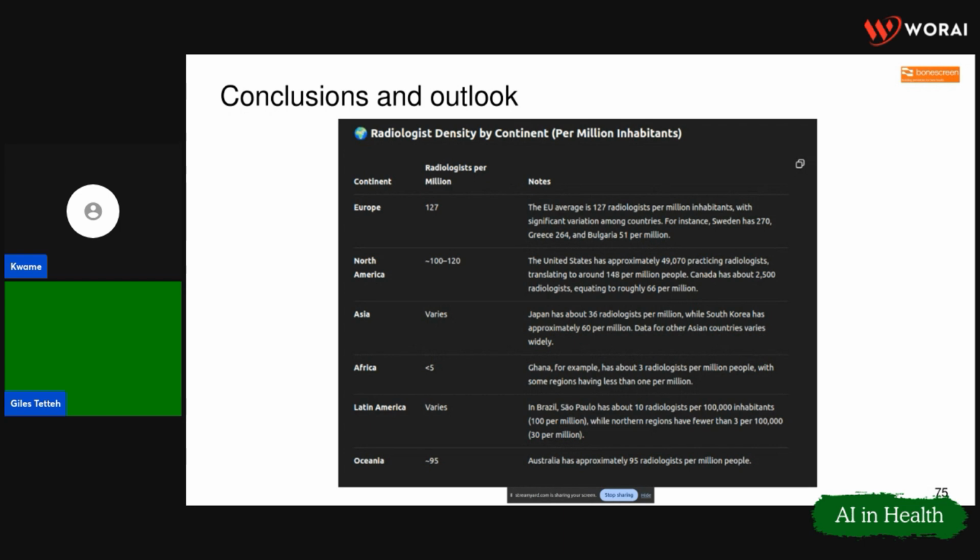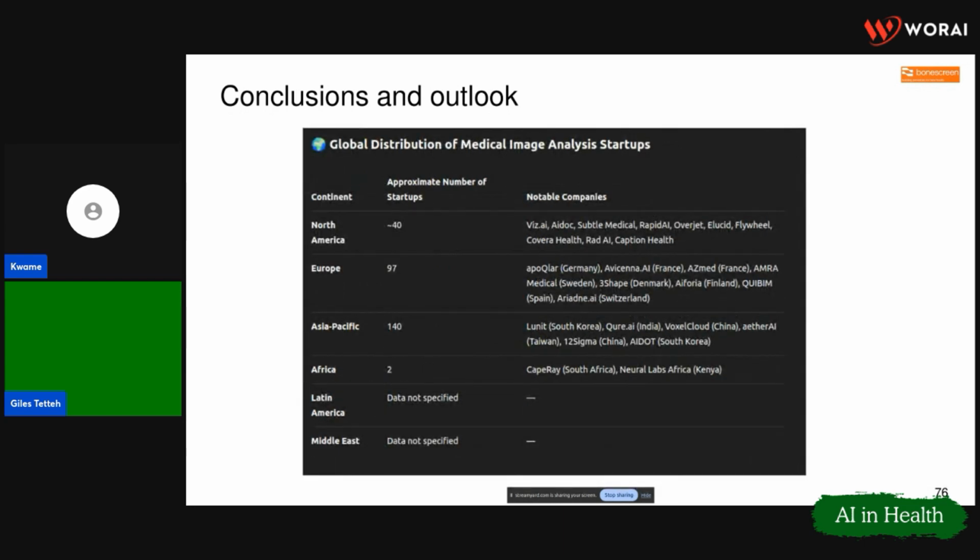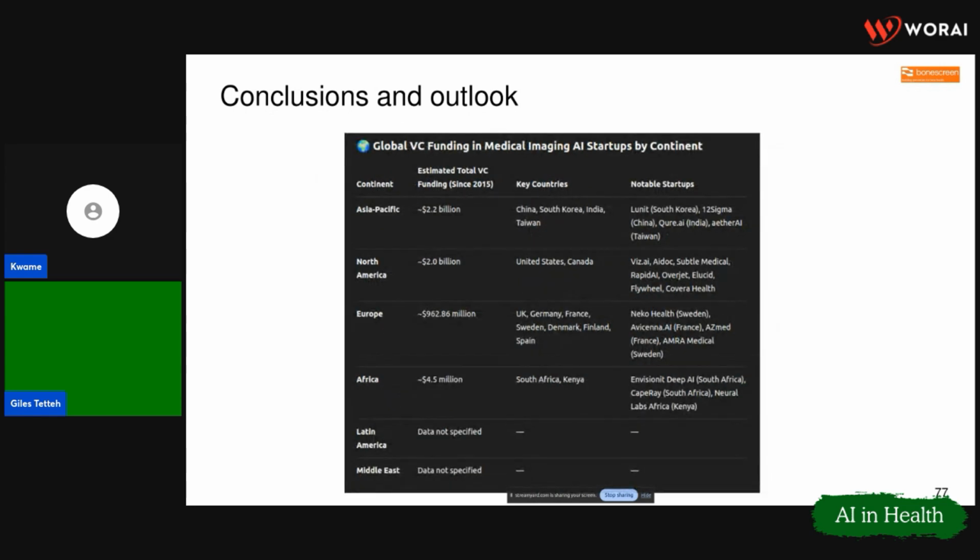And this is the situation we have: only two startups per my research, and less than 5 million investment in this region. So that is just the conclusion I want to bring to everybody's attention, and then start the discussion.